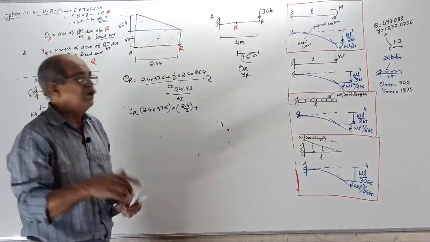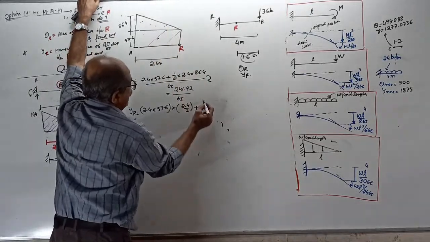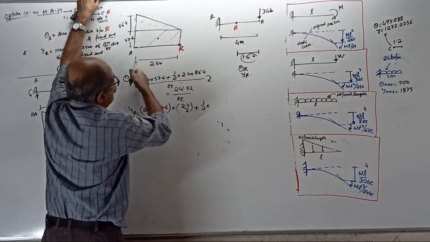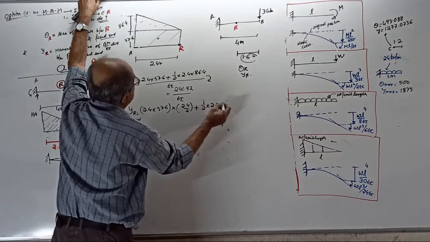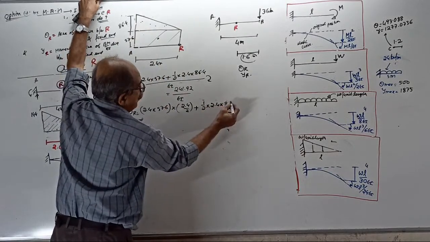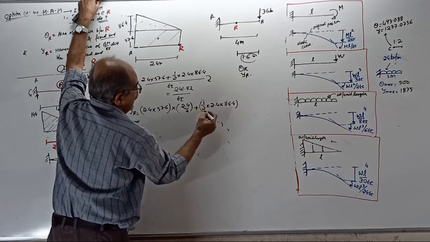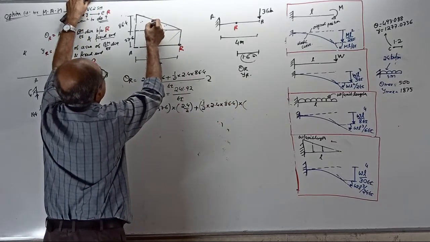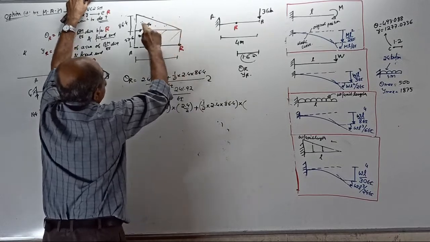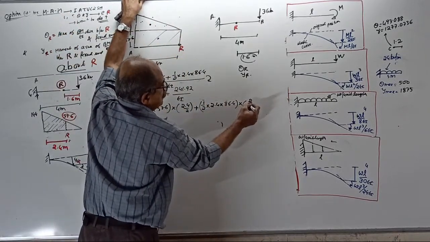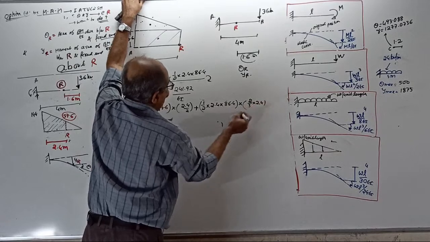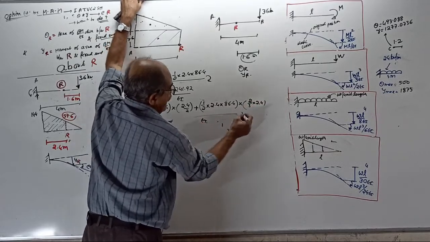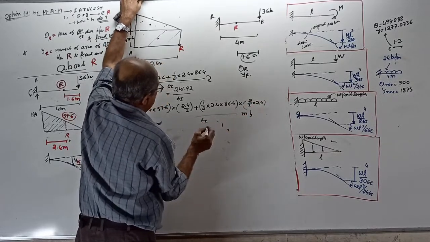This is easier. Plus the triangle: half into 2.4 into 86.4 is the area, into the distance of the CG of that area from here, 2/3 of 2.4, by EI, that much meter down. Can anybody tell the answer?